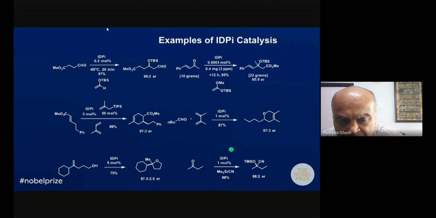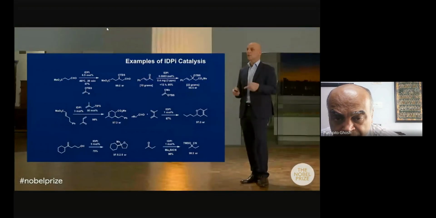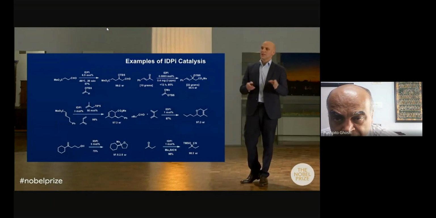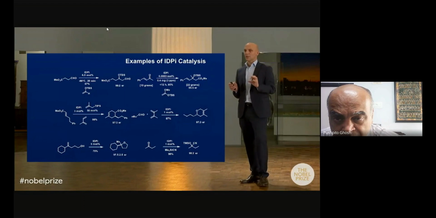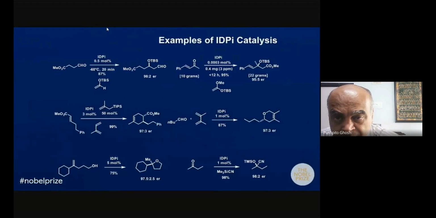Looks simple, but it turns out this product of this silyl cyanation reaction is a valuable intermediate in the synthesis of 2 pharmaceuticals. And it also turns out that all previously developed chiral catalysts for silyl cyanations and hydrocyanation reactions, and these include very sophisticated transition metal complexes, even more sophisticated organocatalysts, and also very advanced enzymes and even engineered enzymes, and none of these catalysts was able to deliver this product with greater than 95 to 5 ER.